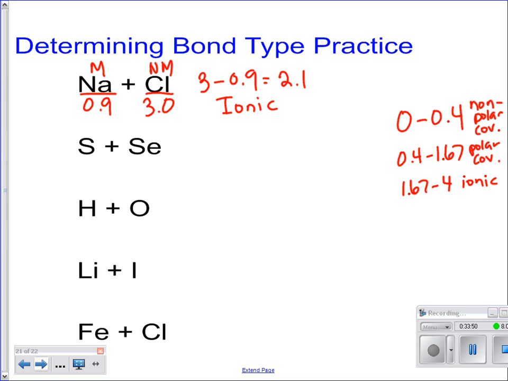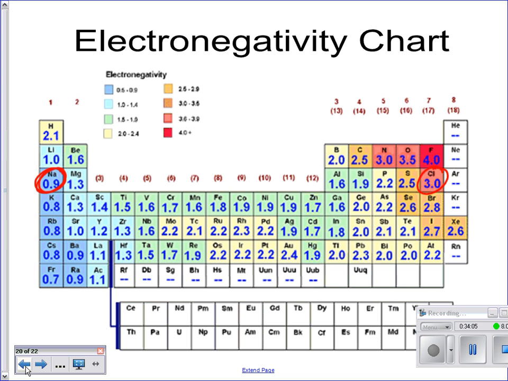So next one, sulfur and selenium. These are two nonmetals. Because of that, you know that it's most likely going to be covalent, but you don't know if it's going to be nonpolar or polar. So we're going to find sulfur on here. Sulfur is 2.5, and selenium is 2.6.